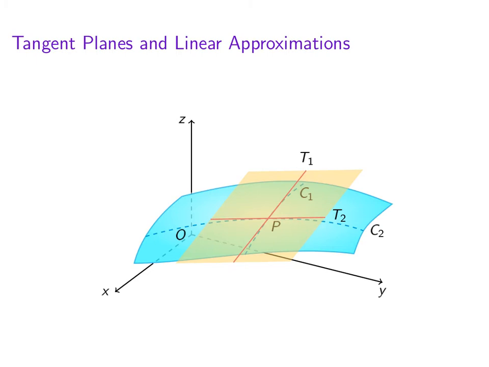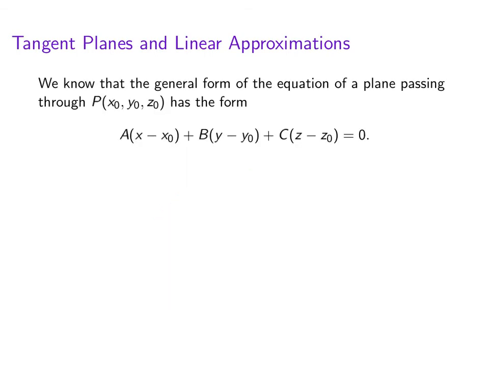Here's a picture of the tangent plane. So the yellowish looking thing is the tangent plane, and it contains both tangent lines. Now we know that the general form of an equation of a plane that passes through the point P, which has coordinates x0, y0, z0, has the form A times x minus x0 plus B times y minus y0 plus C times z minus z0 equals 0.